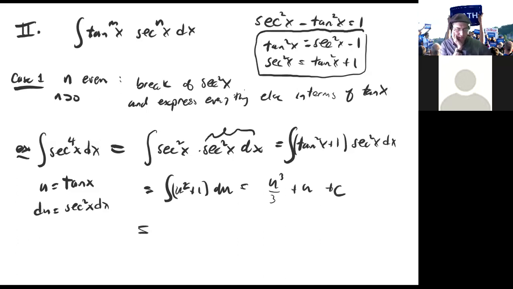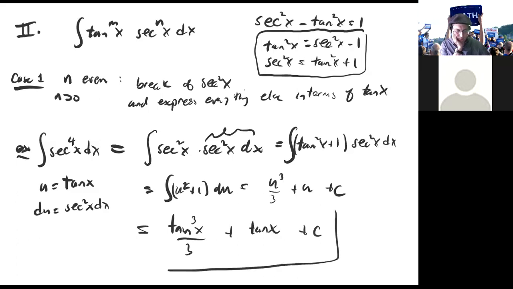And then we convert back to tangent x because u is tangent x: tan cubed x over 3 plus tangent x plus c. Voila. So that is an example. That's the case when the power of the secant is even. And then we move to the next case. Let me save the screen and then clear it.